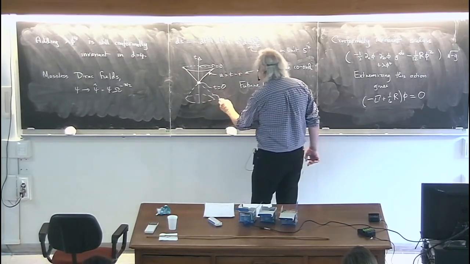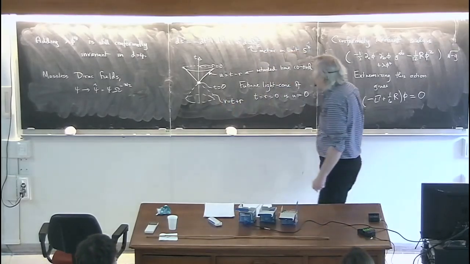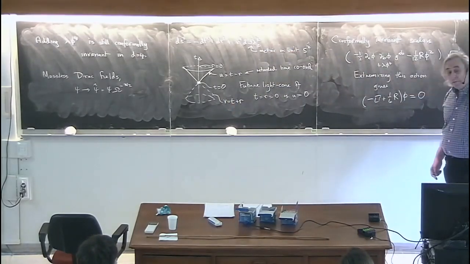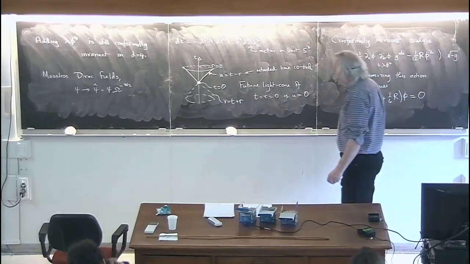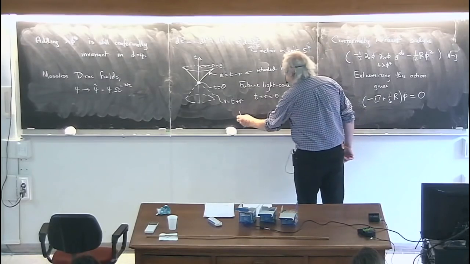This would be the line v equals t plus r, and then the past light cone at this point would be v equals 0.